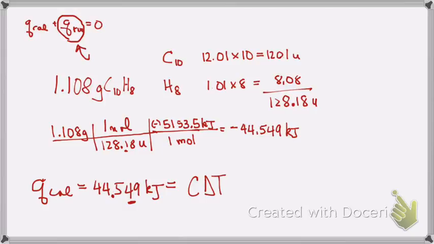And then all I need to do is recognize that it gave me the change in temperature. It's 5.92 degrees, and so the calorimeter constant is just 44.549 divided by the 5.92 degrees.